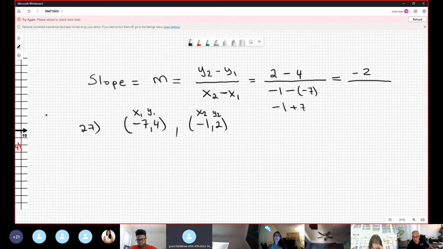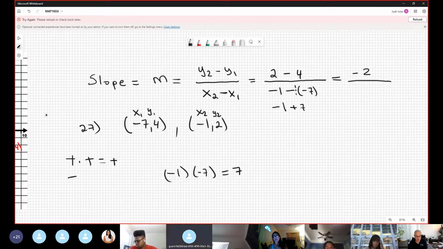Do you understand this idea? Because what is the interpretation? The interpretation we have here, invisible negative 1, and negative 1 times negative 7 is positive 7. Because the multiplication agreement of the sign: positive times positive is positive. Positive times negative is negative.